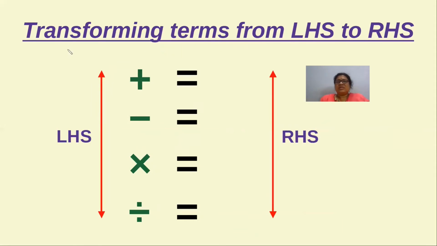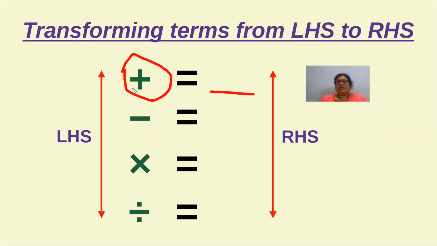So this is transposing terms from LHS to RHS. So this is a very important concept you have to remember. When you go on to the higher classes, this is very important. It plays a very important role. Now, plus is there. This part is LHS. And here it is RHS.